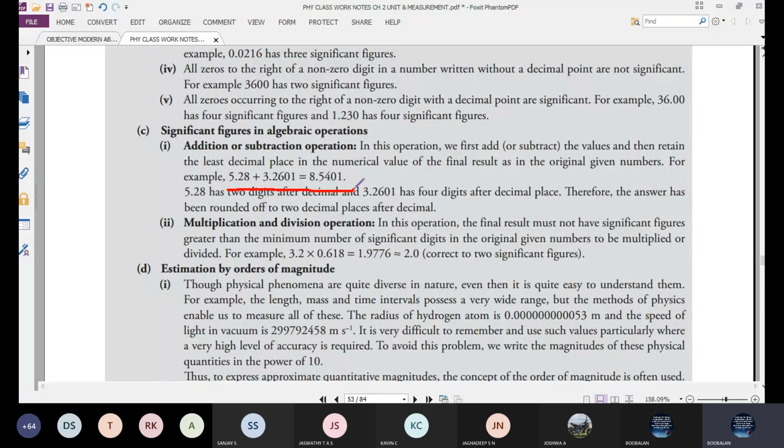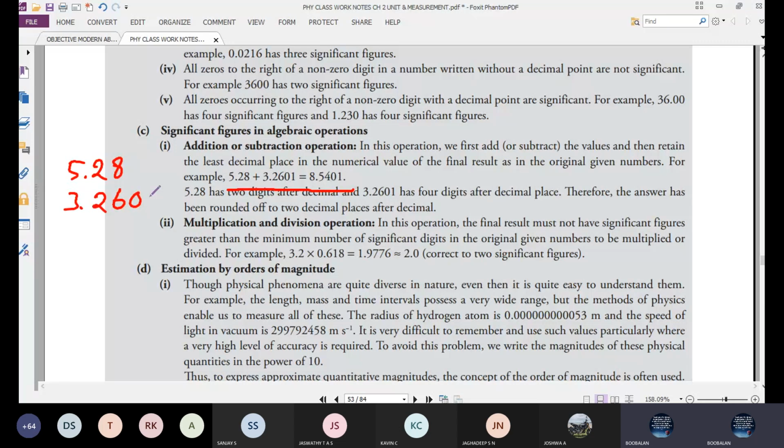Listen, 5.28 it is. So remainder 3.2601. So all the decimals are on one side.